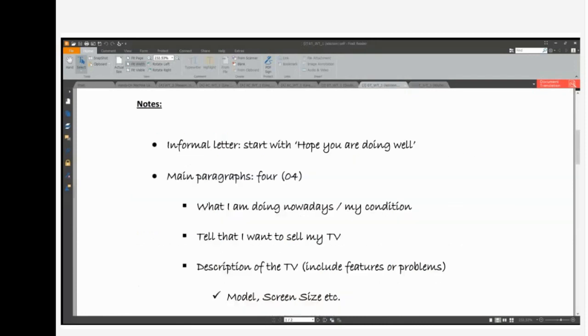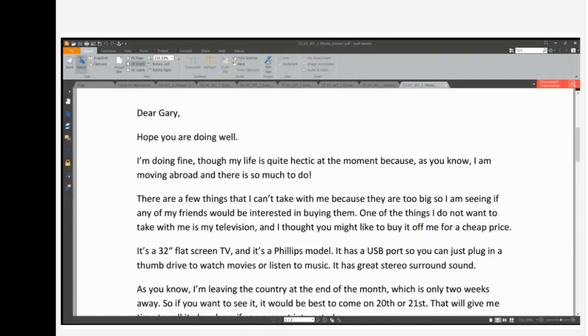And this is a very good situation that I'm describing to my friend, that I'm moving abroad and there are a lot of things to do. And obviously, this can be a very good point based on which I can give my friend a reason to sell my TV because I'm moving abroad and I don't need that TV anymore, something like that.